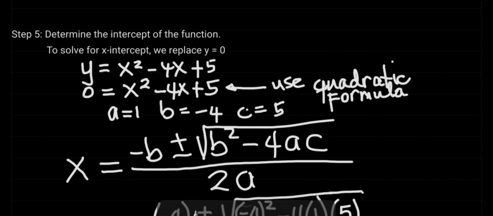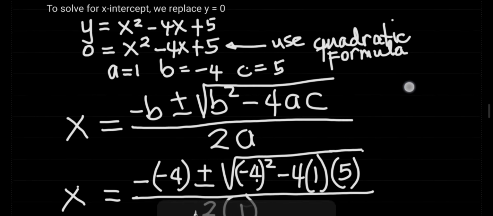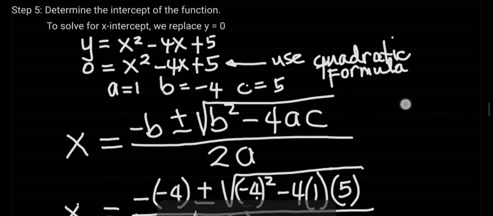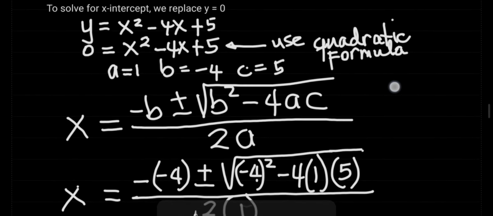For step 5, determine the intercepts of the function. To solve for the x-intercept, we replace y with 0. So y equals x squared minus 4x plus 5, and then we replace y with 0. Then we are going to use the quadratic formula, where a equals 1, b equals negative 4, and c equals positive 5.